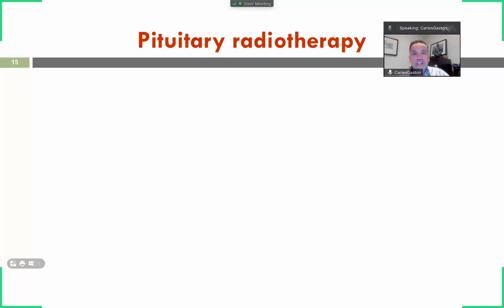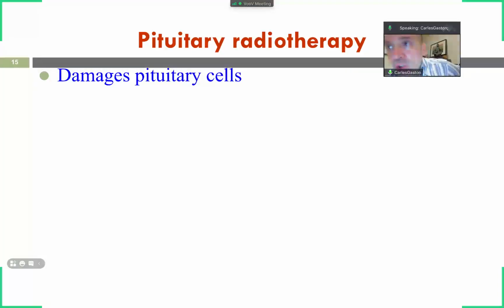Also, there is pituitary radiotherapy. So normally there is a combination of first surgery, then the patient goes back home, and depending on whether the tumor regrows or not, the doctor may decide to do surgery plus radiotherapy of the left tissue.